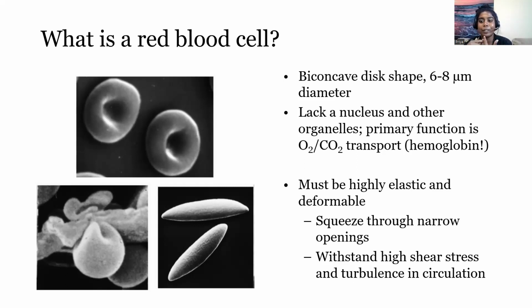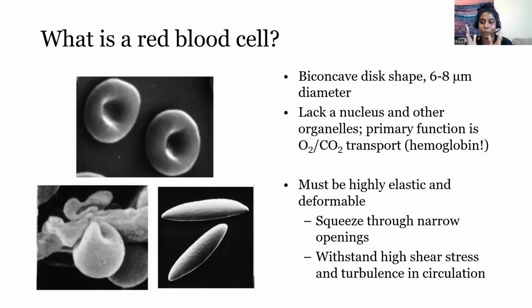A red blood cell has no nucleus or other organelles, actually a pretty simple cell, but its primary function is transporting oxygen and carbon dioxide around the body. And it can do this because of hemoglobin, which red blood cells are chock full of. But in order for the red blood cell to do its job, it has to be highly elastic and deformable.